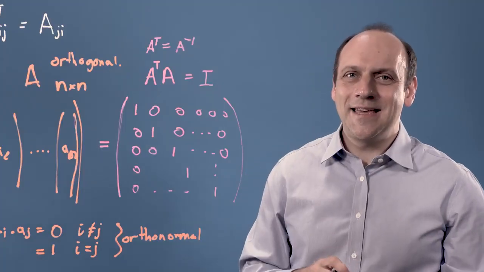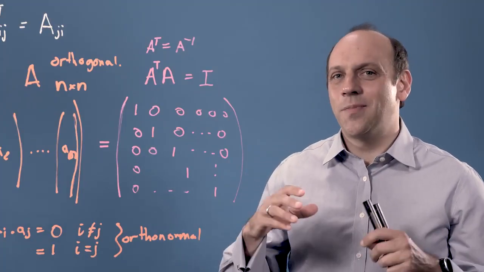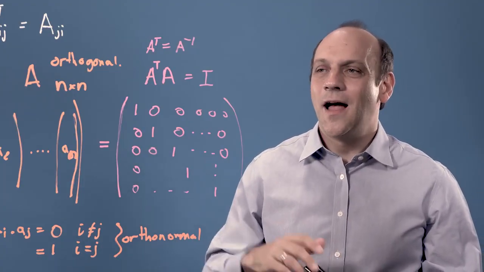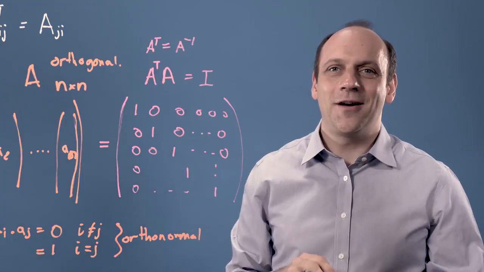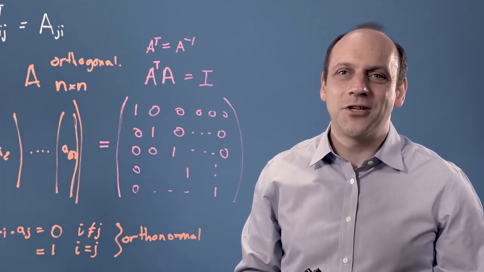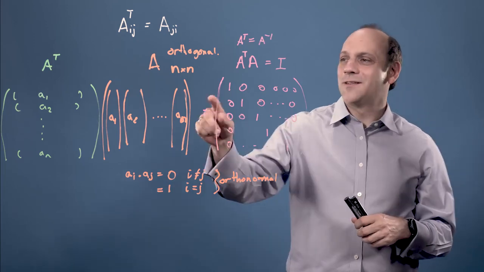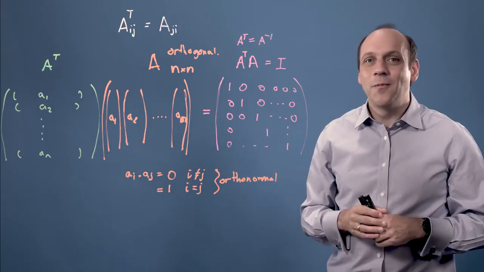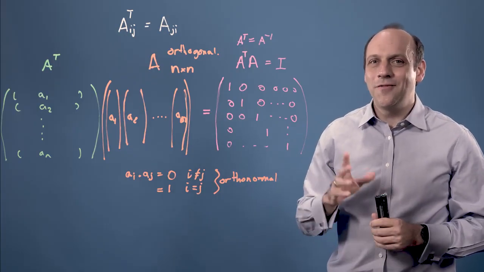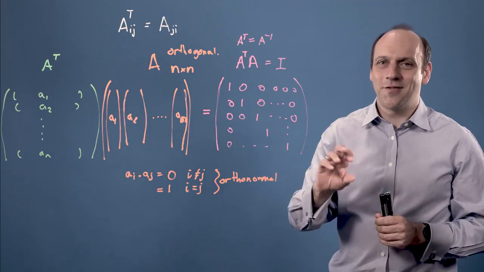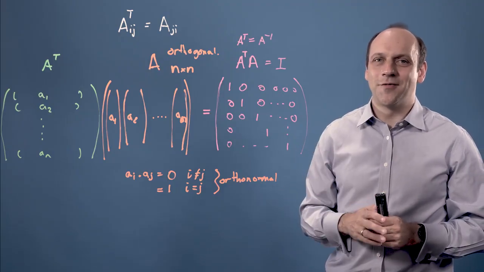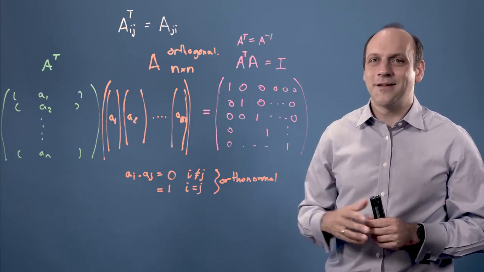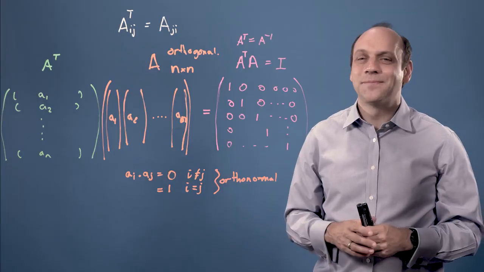Notice that if A^T is the inverse, then I should be able to post-multiply A by A^T and get the identity. That is, I can do this either way around. Which also means, by the same logic, that the rows of the orthogonal matrix are orthonormal, as well as the columns, which is kind of neat. And we saw in the last video that actually the inverse is the matrix that does the reverse transformation. So the transpose matrix of an orthonormal basis vector set is itself another orthogonal basis vector set, which is really neat.